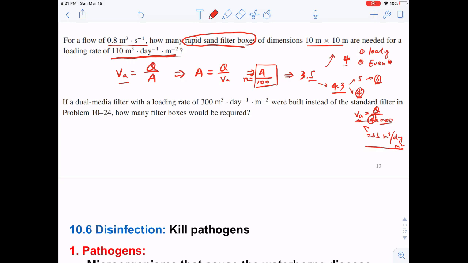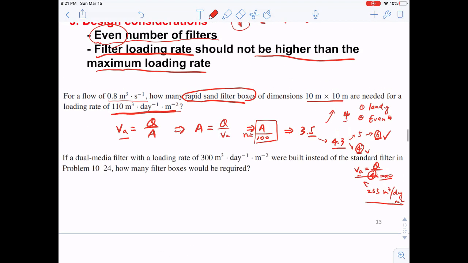So we need to make sure that this calculated loading rate is smaller than 235. If it's larger than 235, then it's going to be dangerous to operate with 4 filter boxes, so we should use 6 here. But if the loading rate is smaller than 235, then we are okay with 4 here.